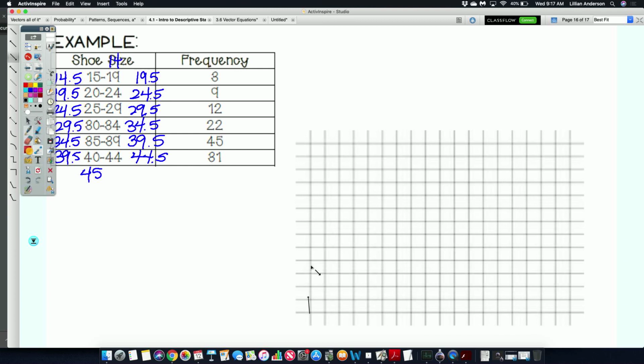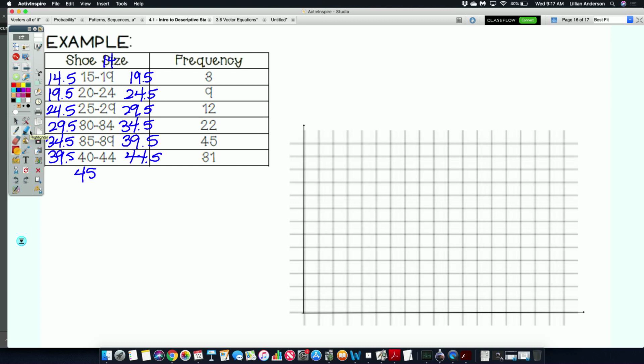So let's make our chart. Let's make sure we label our x-axis. How? Shoe size. And our y-axis.